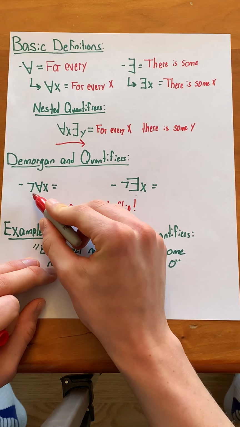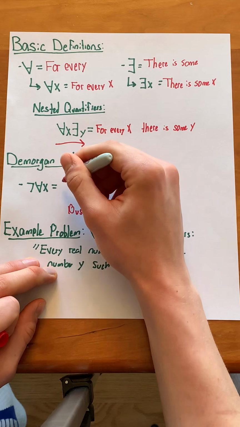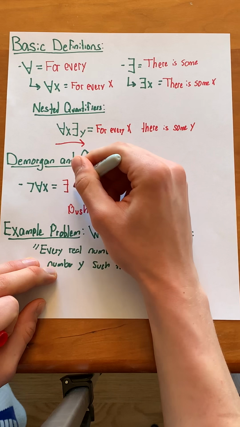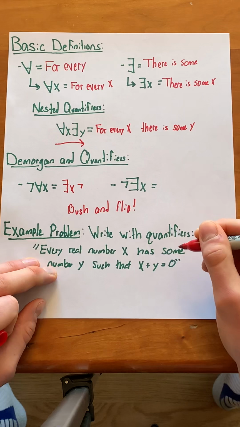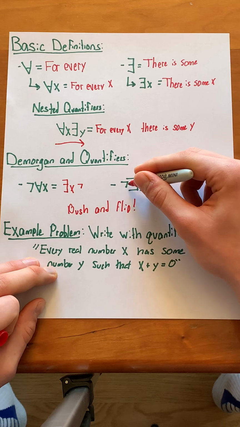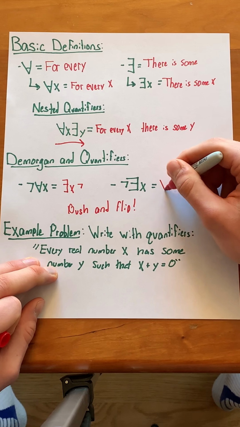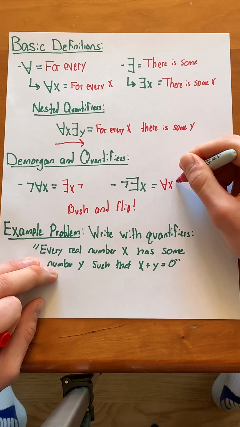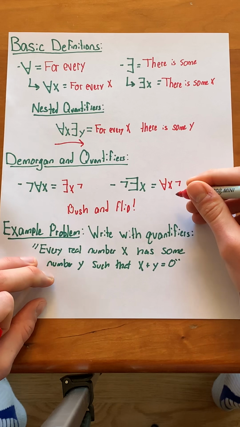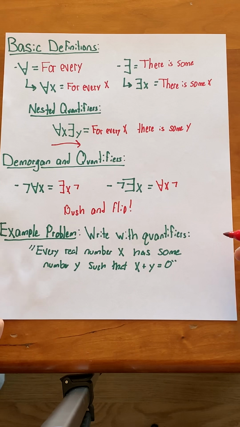So, in the following, we'll push the negation through and flip the universal to existential. We can do a similar thing with this equation over here. Again, we'll push the negation through and flip the existential to universal. This will be a very handy trick when working with some harder quantifier statements.